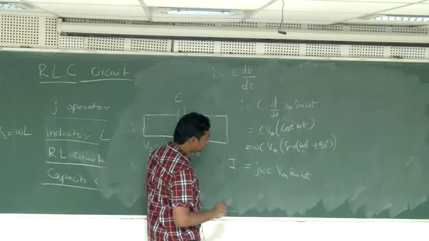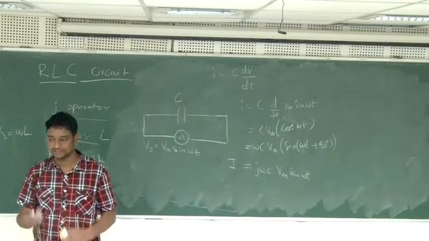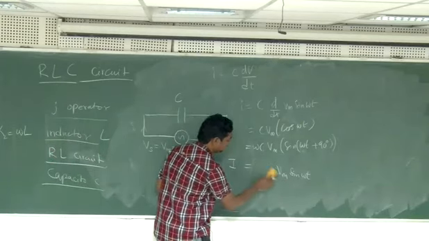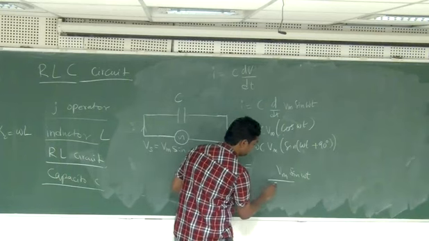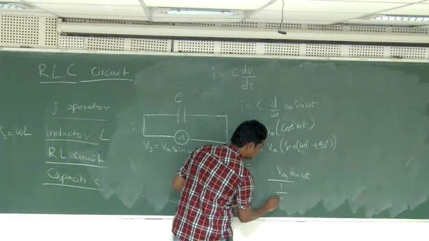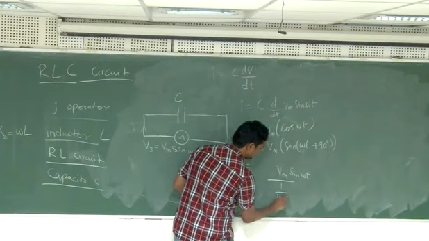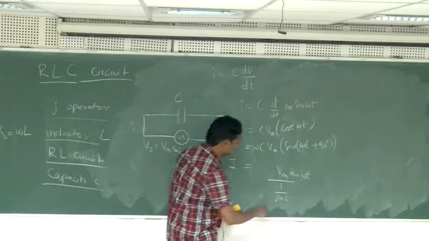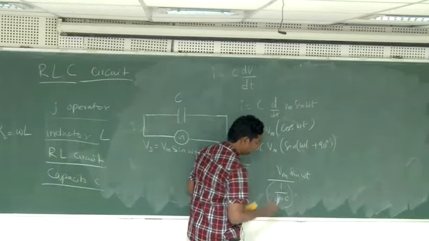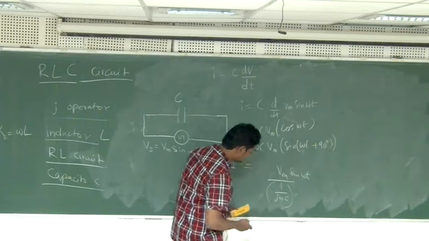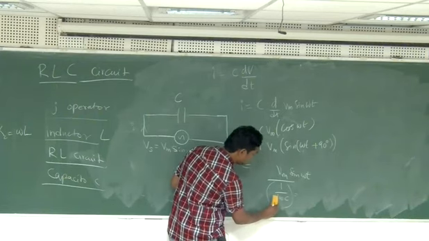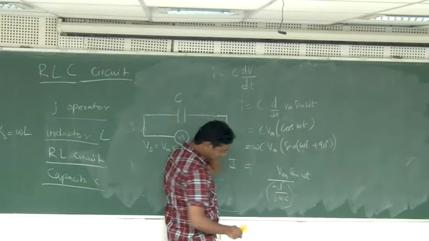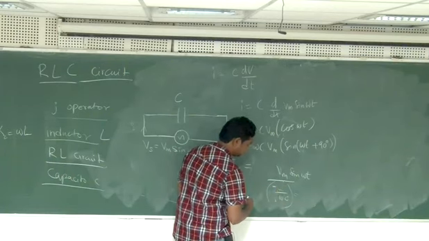Now I want it in the form of Ohm's law. So this Vm I'll keep as it is, and then I'll put divided by 1 by j omega C. This j I will bring to the numerator, so I'll get a minus, and then this j I'll take out.